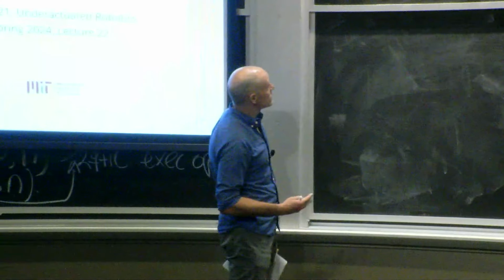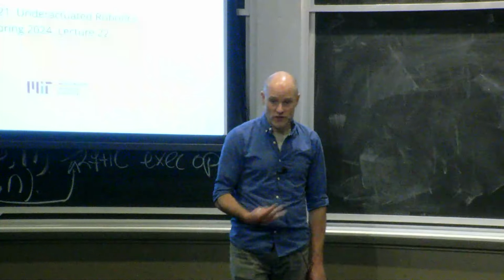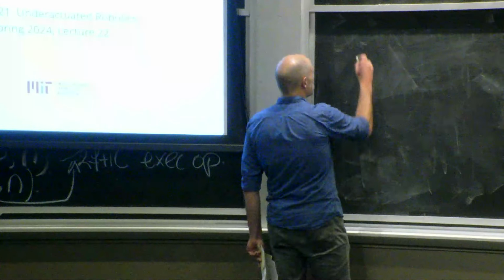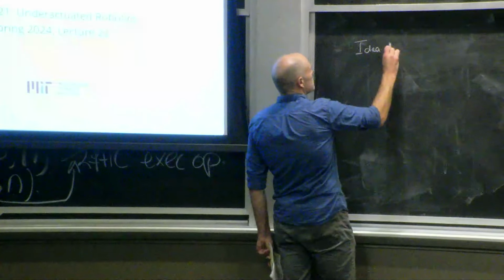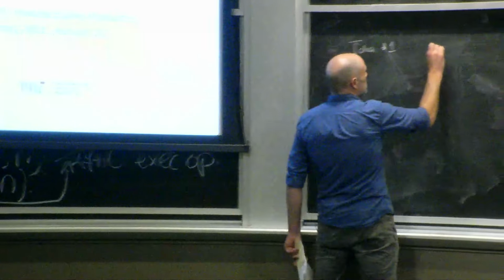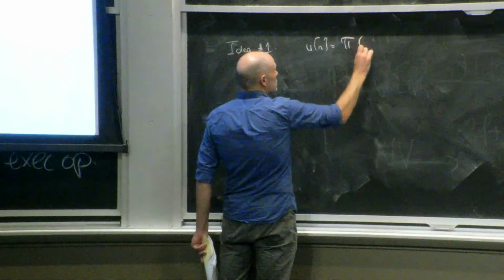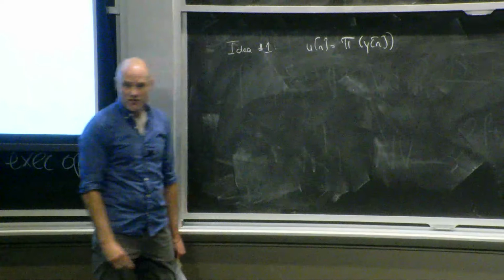So the natural question then is how do we parameterize even, if we're going to search, these output feedback controllers, right? So a natural thing to try would be to write something like this, a static function.